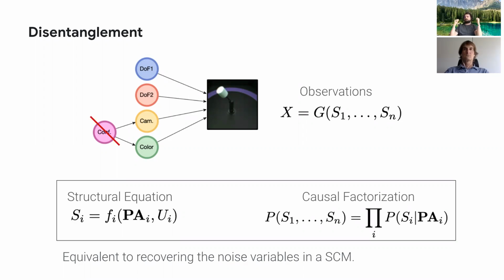This induces a causal factorization, which is the factorization of the joint distribution of the variables according to the graph. And then one can see disentanglement as recovering the noise variables. This is interesting in order to answer specific interventional and counterfactual questions.